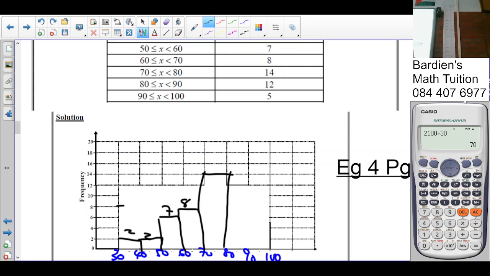Then 12. Then 5. So there, 5. Oh, it's 5. The 5 is here, yes, sorry. Okay, so it's 8, 14, 12.